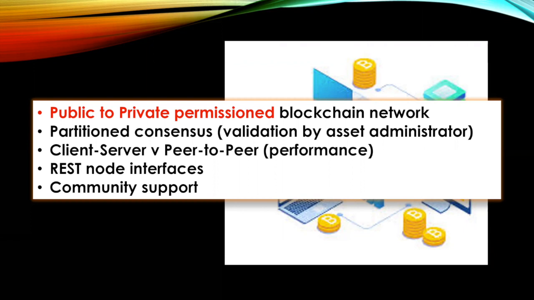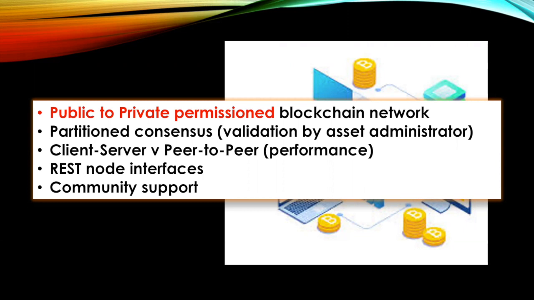And they can set up rules, right? So that as a new block or transaction is trying to be written, if specific rules are met, then the asset administrator has effectively given permission for that block to be added to the blockchain.